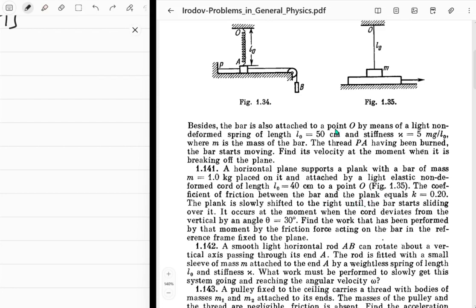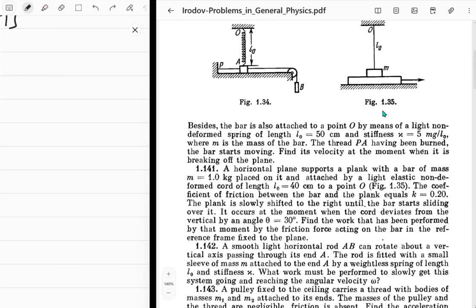Okay, the coefficient of friction is given. The spring constant of this cord is not given, but it's elastic. So okay, it will deviate like that. Fine. But then how can I figure out anything?